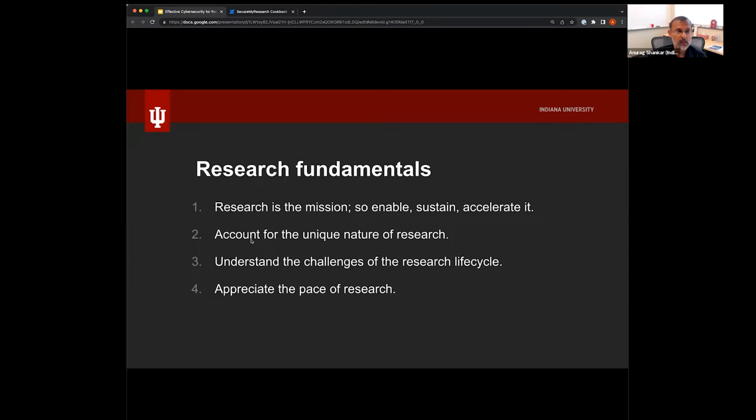The third one is particularly important. That is that the research life cycle is very challenging for researchers. Researchers have to establish themselves, and they have to get funding, because they're not doing research alone. They're doing tens of other things at the same time, and other people are competing against them.